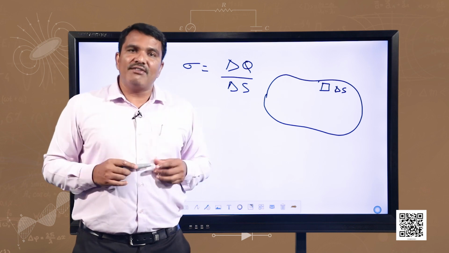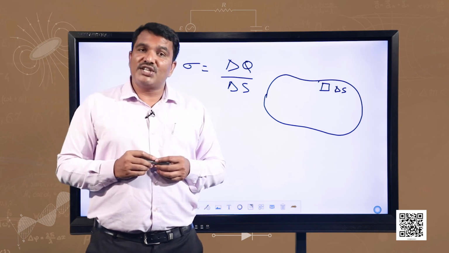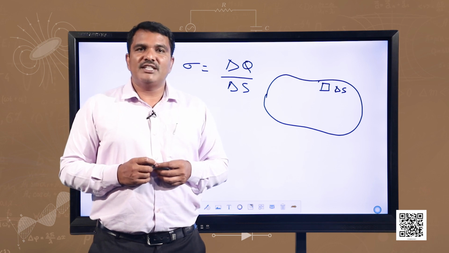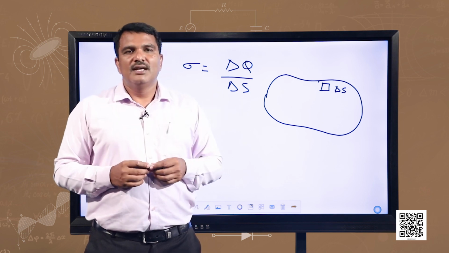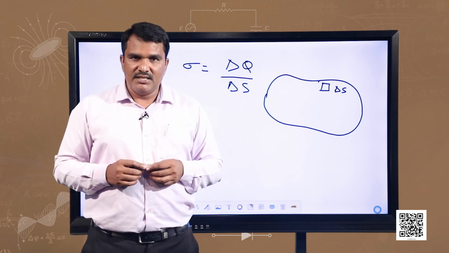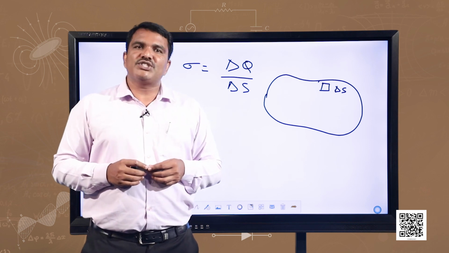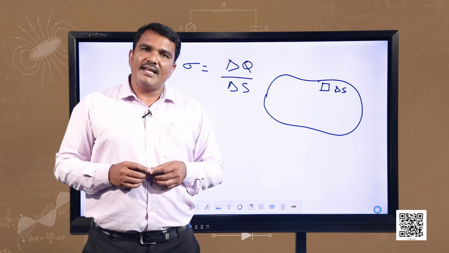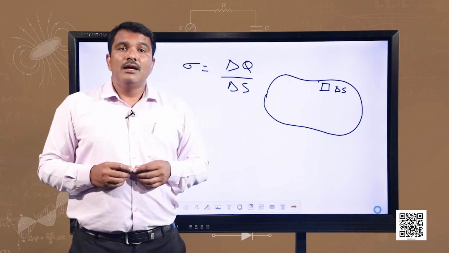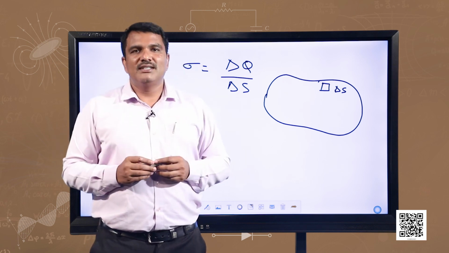At the microscopic level, charge distribution is discontinuous because they are discrete charges separated by intervening space where there is no charge. Sigma represents macroscopic surface charge density. It is a smoothed out average of the microscopic charge density over an area element delta S, and it is large microscopically but small macroscopically.